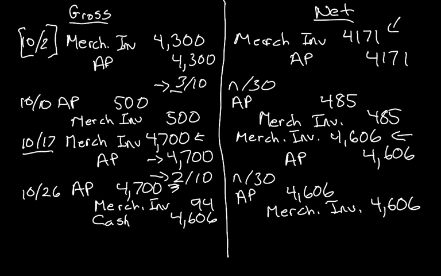This error caused the company to lose its discount. All right. Now, when you're using the gross method and you make a mistake and you do not pay within the discount period, there's no effect. So you just debit the accounts payable for the amount that you owe.